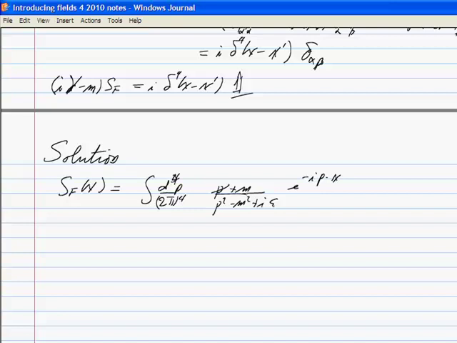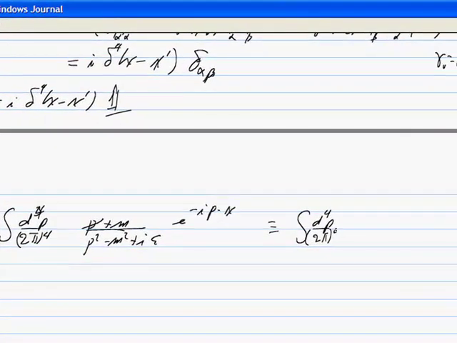Okay. And let me just write this in the form you normally see it. It's the integral d4p over 2 pi to the 4th, 1 over (p slash minus m). Okay, this notation here is a little ambiguous if you think about it.